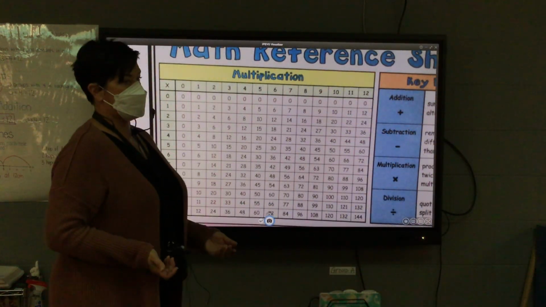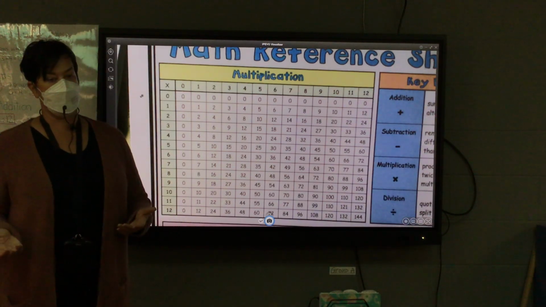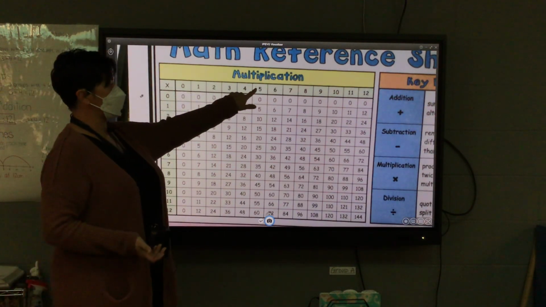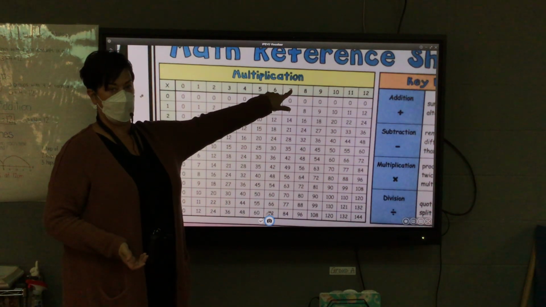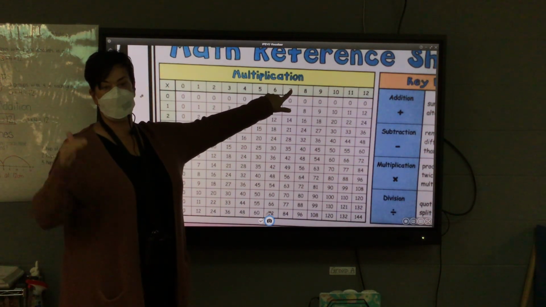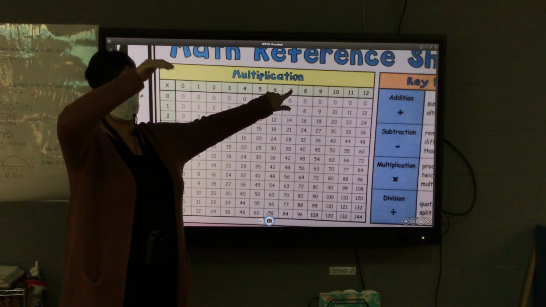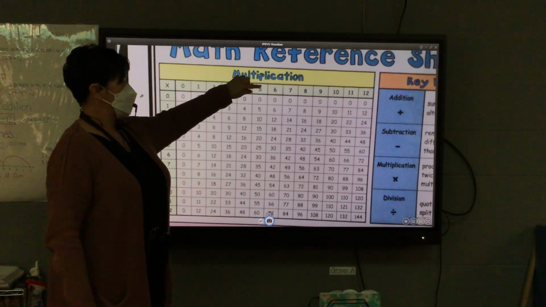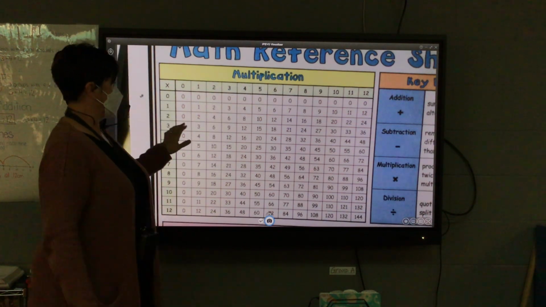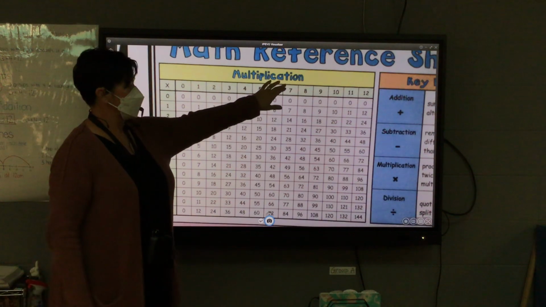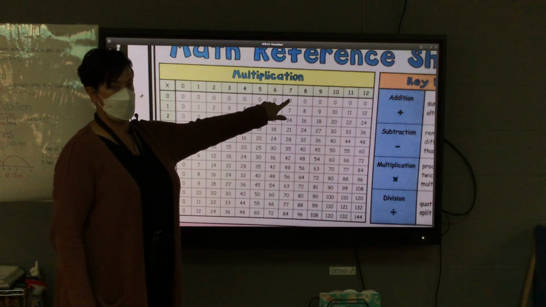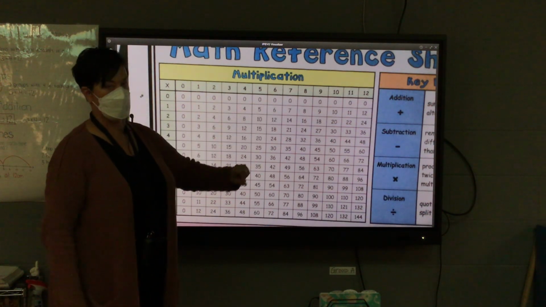Now, let's try 7 times 2. Could we go across to 7? Across the top, we could. It doesn't matter if we go down the left side or across the top. So across to 7, and then down. So this is always 0, and then 1, 2.